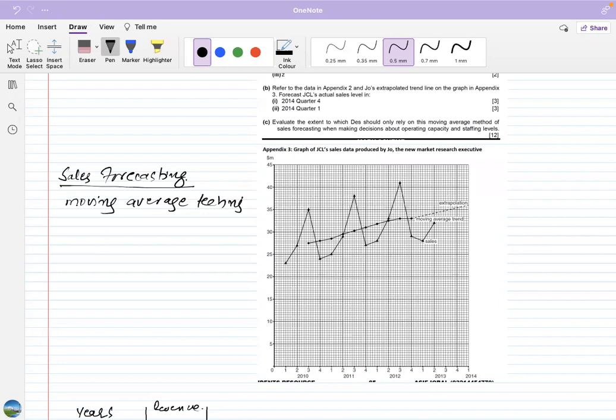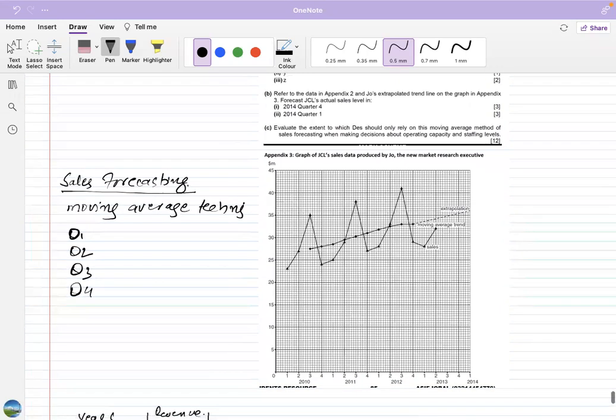For the moving average technique, we usually divide a year into the 4 quarters that are quarter number 1, quarter number 2, quarter number 3, and quarter number 4. Quarter number 1 is from January to March. It's not necessary that we do that, but for the discussion and solving a question.